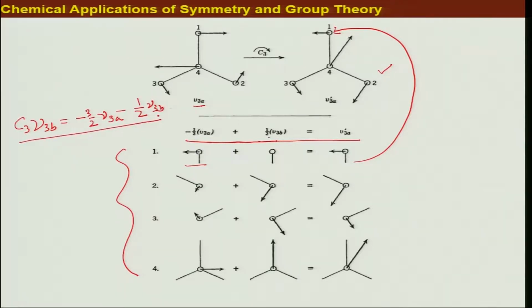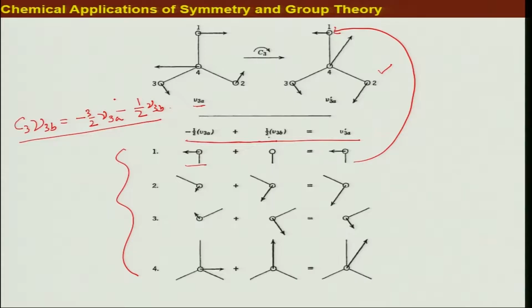Okay, so in this combination I can express the new form of nu 3b after operating C3. All right, so in this way, I can show it for nu 4a and nu 4b also.